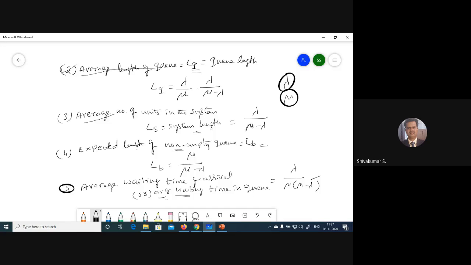There is one more formula. I'll write it and stop today.